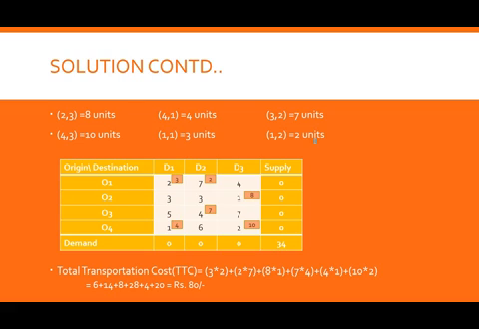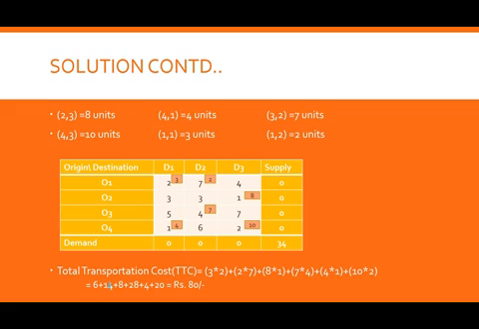Now what is the next step? Compute the total transportation cost, TTC. So it is 3 into 2 plus 2 into 7 plus 8 into 1 plus 7 into 4 plus 4 into 1 plus 10 into 2. So 3 twos are 6, 2 sevens are 14, 8 ones are 8, 7 fours are 28, 4 ones are 4, 10 twos are 20.